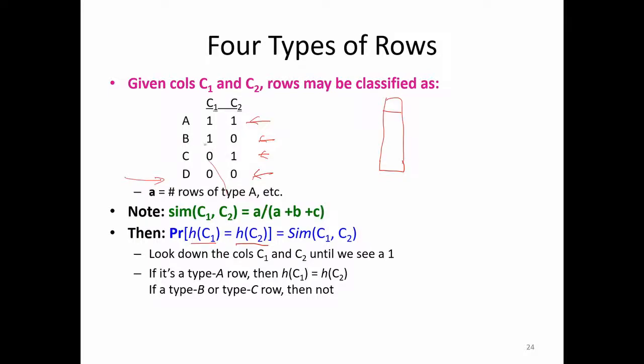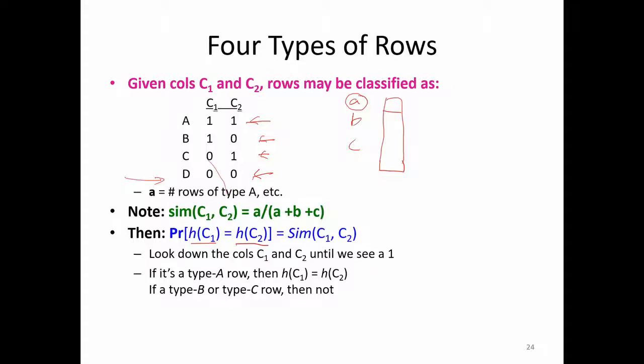If any other type of row comes to the top position, this will not happen. So what is the chance of that happening? The total number of rows here is a plus b plus c, and only if a type A row comes to the top will this happen, and this is what is counted by the min hash.